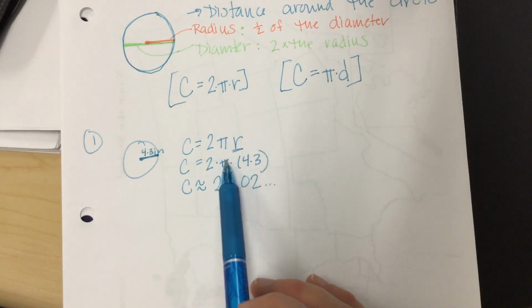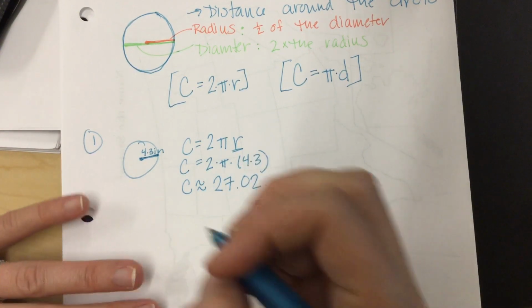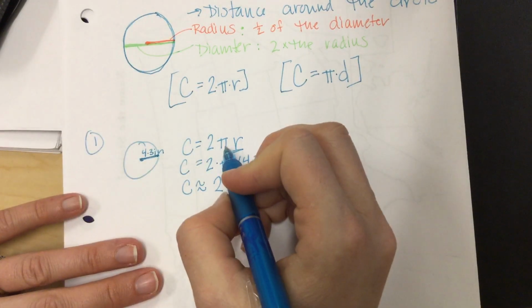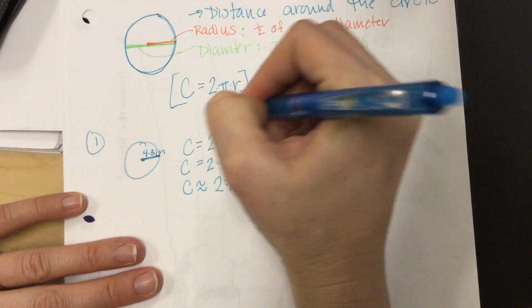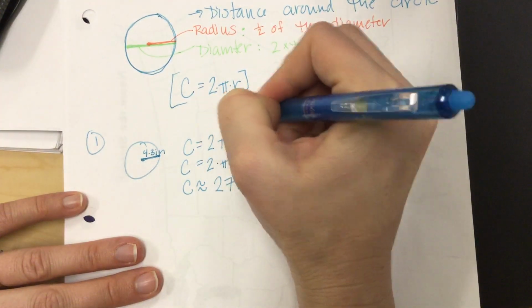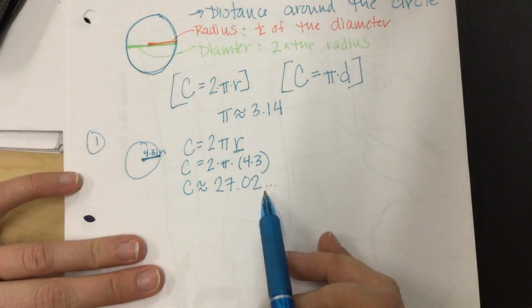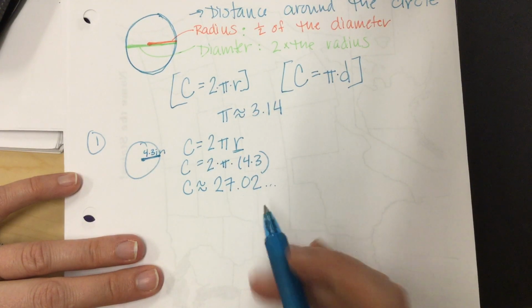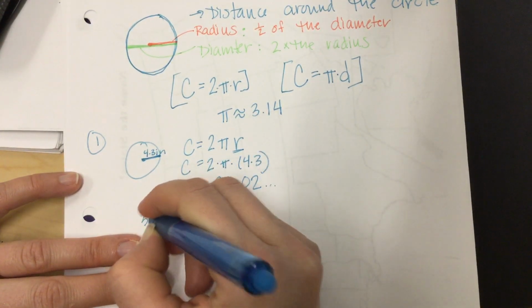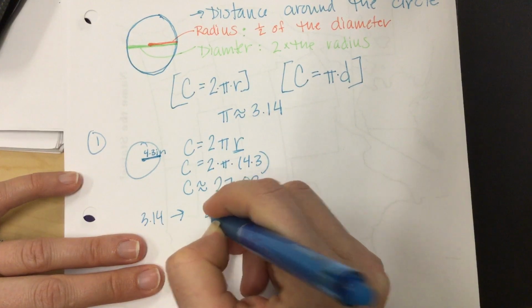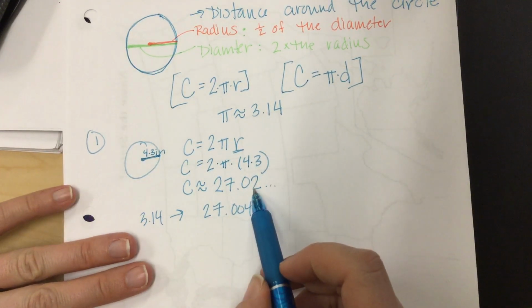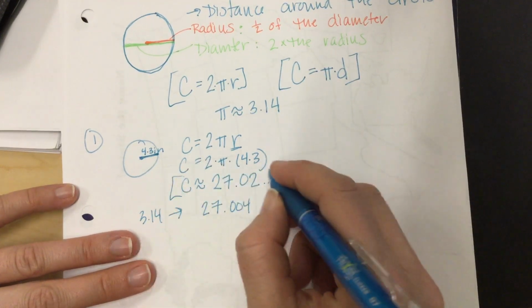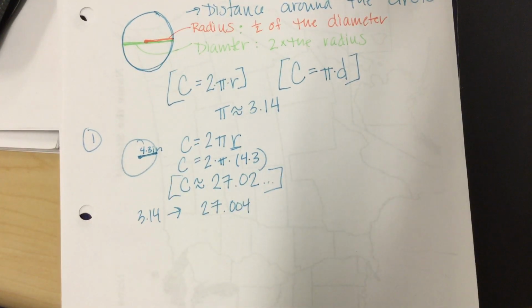If you use 3.14 instead of pi, because we know pi is about 3.14, the squiggly equal sign means about, then you will get an answer that is about 27.004, which is really close to this, but you want to use pi because it's the most exact answer that you can have.